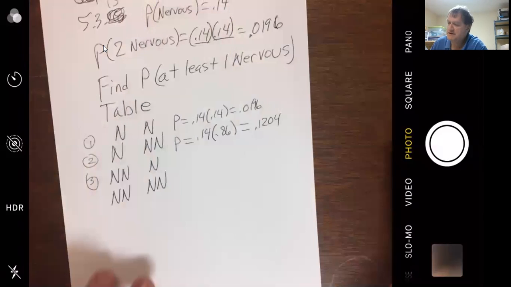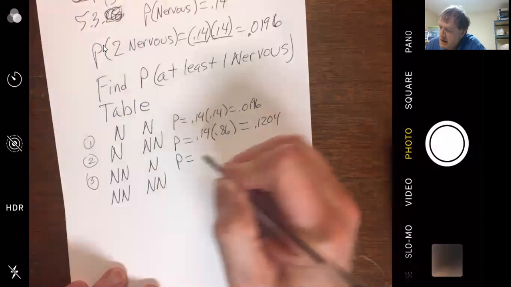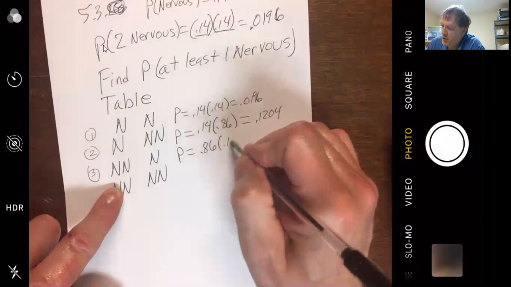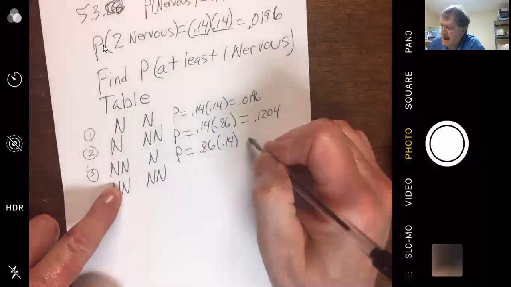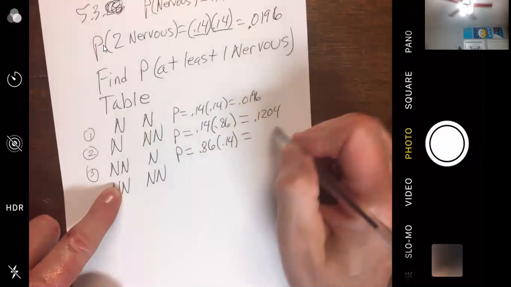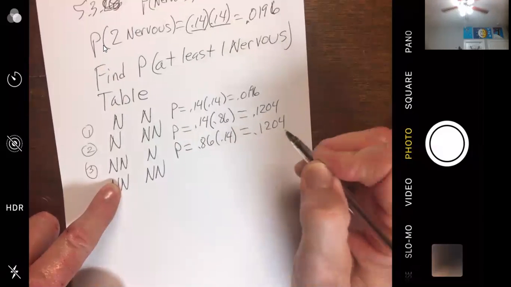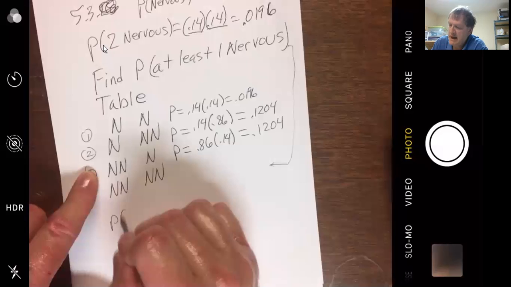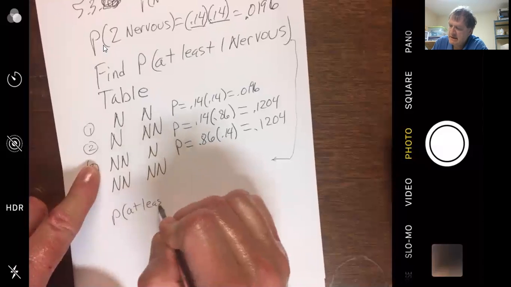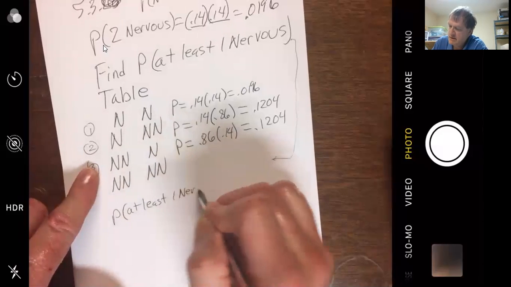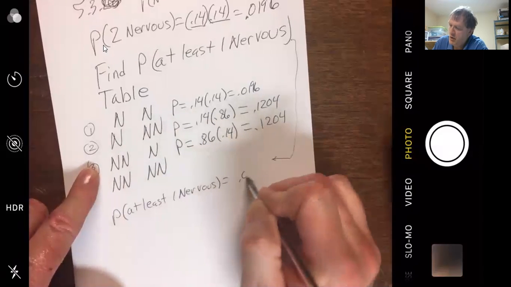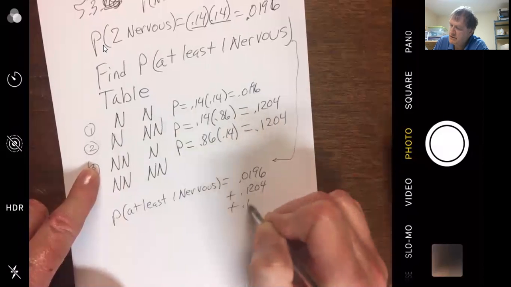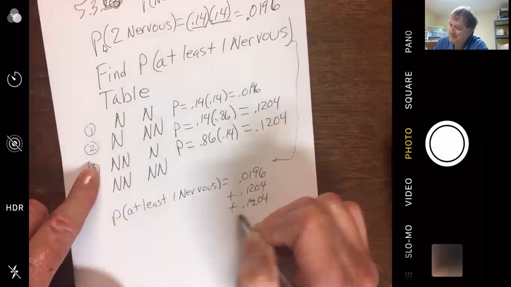Well, row three is going to be the same thing, just reversed. 0.86 for the not nervous, 0.14 that the second person is nervous. And that, again, would just multiply to the same thing. And so then this answer, probability at least one nervous, will be 0.0196, add 0.1204, add 0.1204.